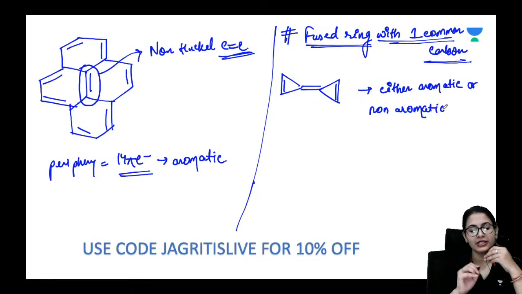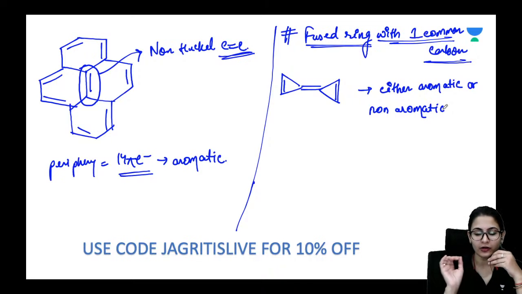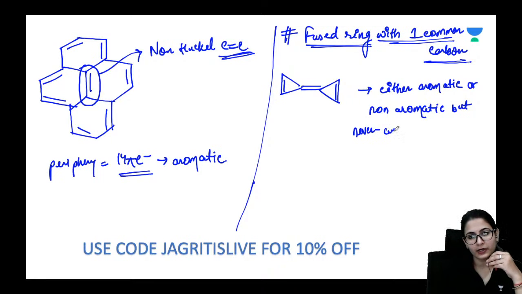Such type of system could be aromatic or non-aromatic, but it is never going to be anti-aromatic. What system? The system with fused rings with one common carbon. All these kinds of systems.